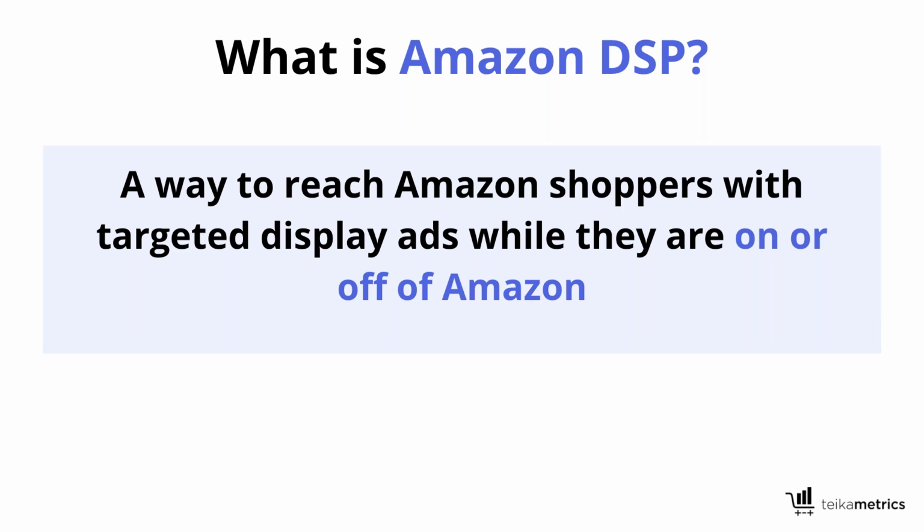The big thing here is the off-Amazon reach. We know people are not always shopping on Amazon, although we sure hope they do. They're doing tons of other things. So how are we able to connect with them elsewhere using Amazon's data?